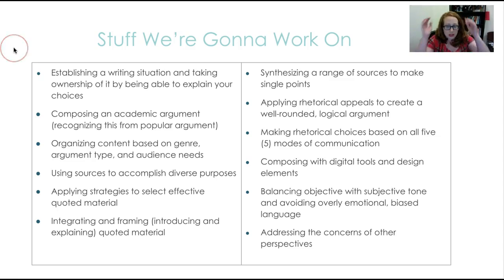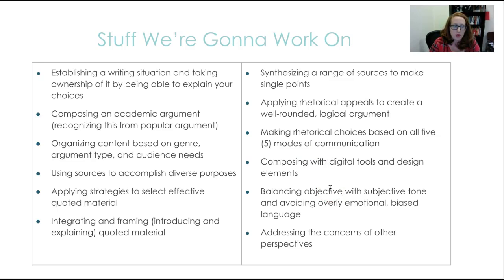We're going to be working on a whole lot of different things with the digital essay because there is a lot of choices to make. We'll be talking a lot about writing situations and your ownership and being able to explain what choices you make. Why this genre, why this audience, why this point, why are you organizing it this way, why are you using these sources, and really getting into the thinking behind your essay, thinking about the difference between academic arguments and popular arguments, and how to balance subjective versus objective writing, which I kind of have over here.